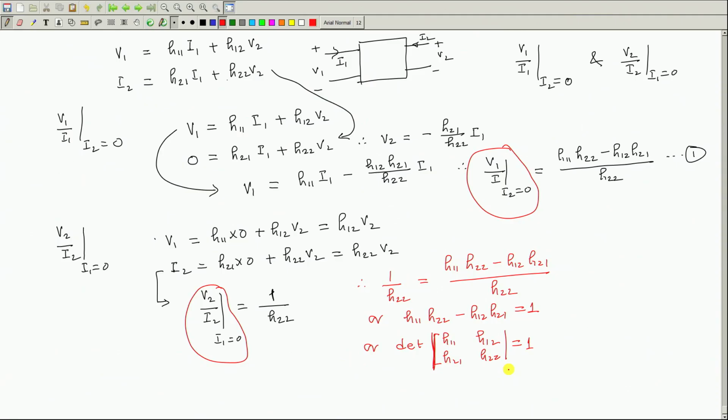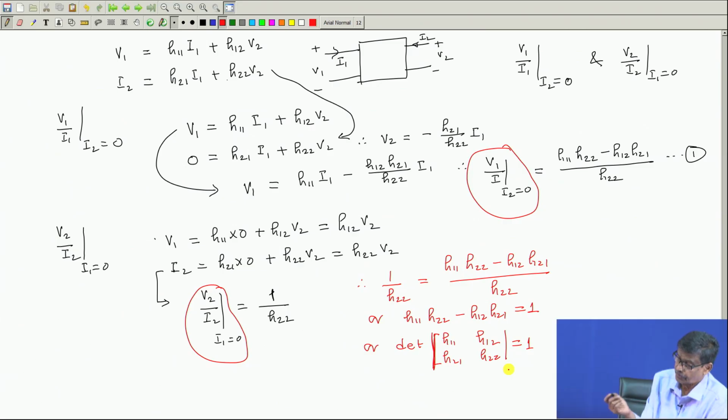Is that clear? Now, we will see what about ABCD parameters. What is the condition when the same two port network is expressed in terms of ABCD parameters, then if that network is to be symmetric, what is the condition?